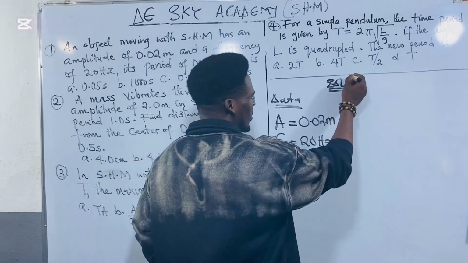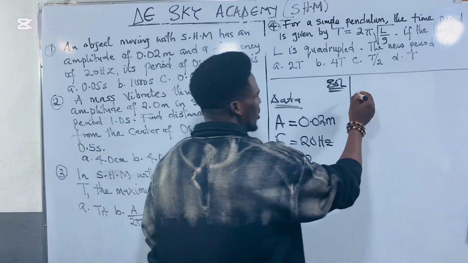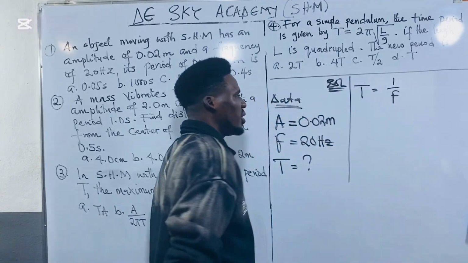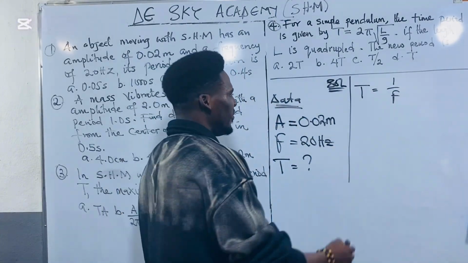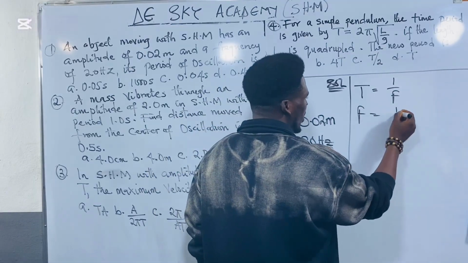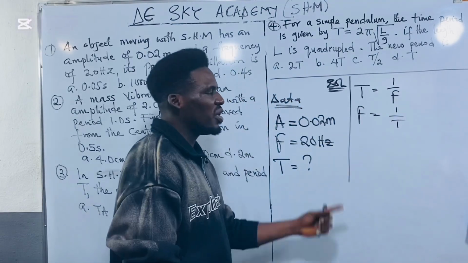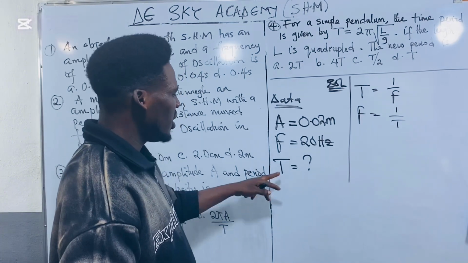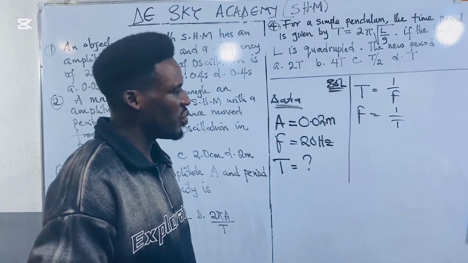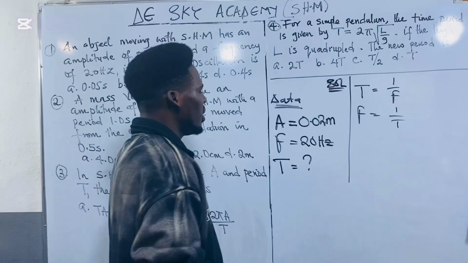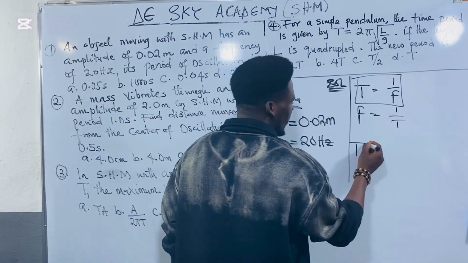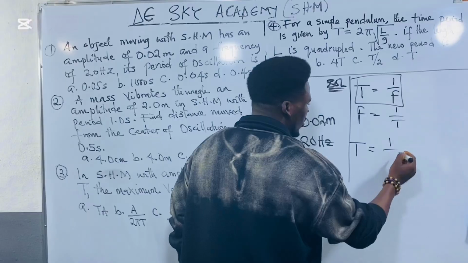It means that period is 1 over F, and frequency is also 1 over T. So both of them have an inverse relationship. So if they gave us frequency and we should look for period, I can use this formula. T is equal to 1 over F.